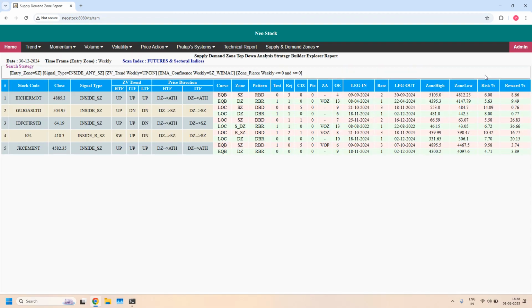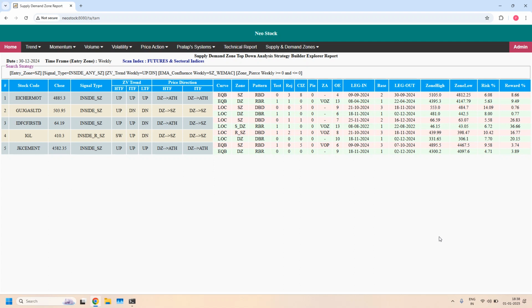Let's filter. We got 5 stocks. Currently price closed in these 5 weekly supply zones, and these 5 weekly supply zones are having weekly EMA confluence.